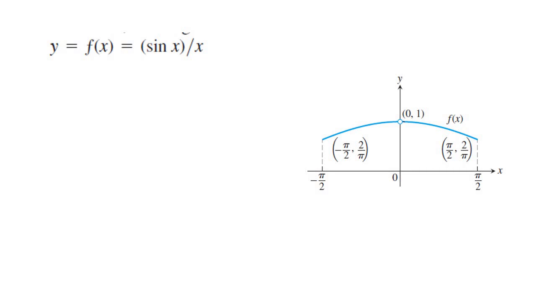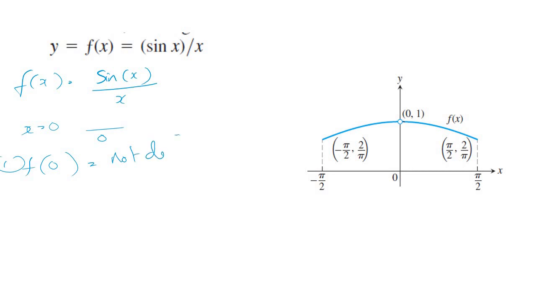Here we see f(x) is equal to sine x over x. It is clear that at x equals 0 the function is not defined because there is a 0 in the denominator. So the first condition, f(0), is not defined. This is adequate to say that it's not continuous at 0.